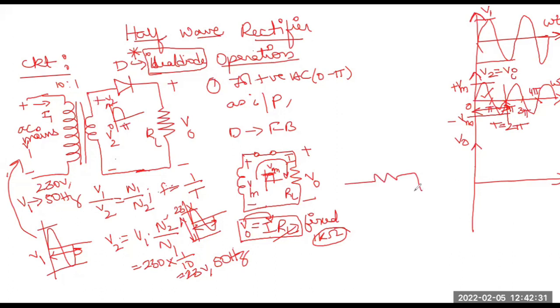See, you have a circuit like this. V is 0. Will current flow? No, ma'am. What is I? 0, ma'am.